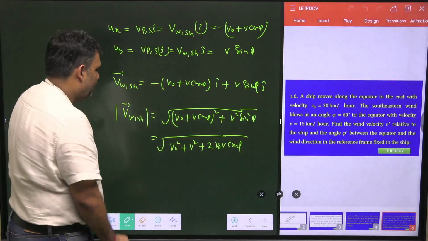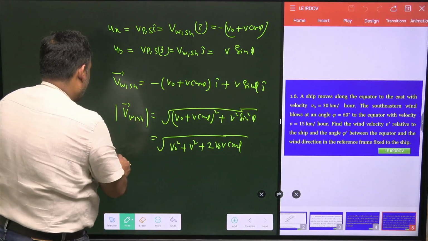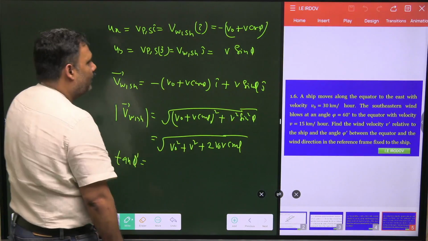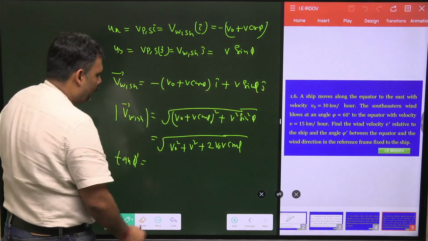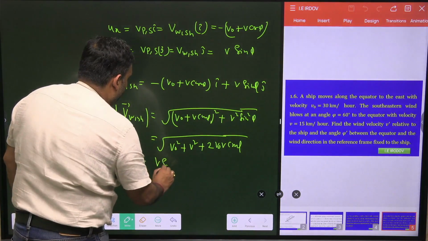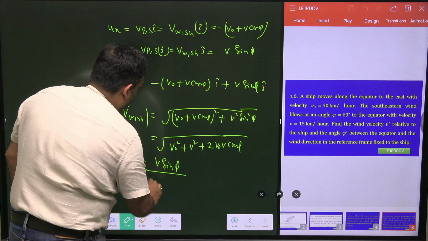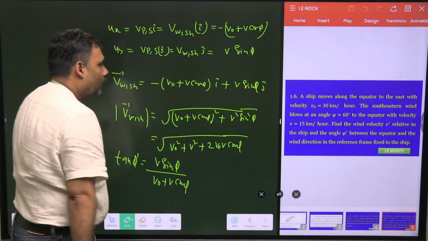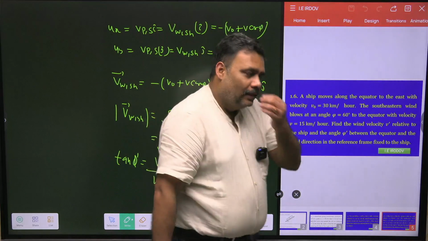So this will be the answer. This is the magnitude, and we can find the value of tan phi dash. Tan phi dash is y by x. We will take the magnitude only, so we have V sin phi upon V naught plus V cos phi. So this will be my tan phi dash, and we can easily calculate this.